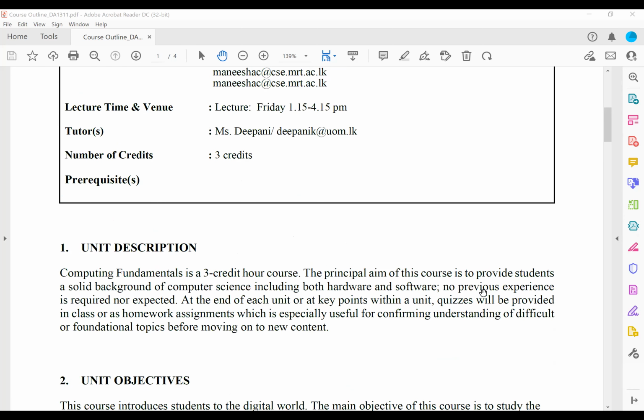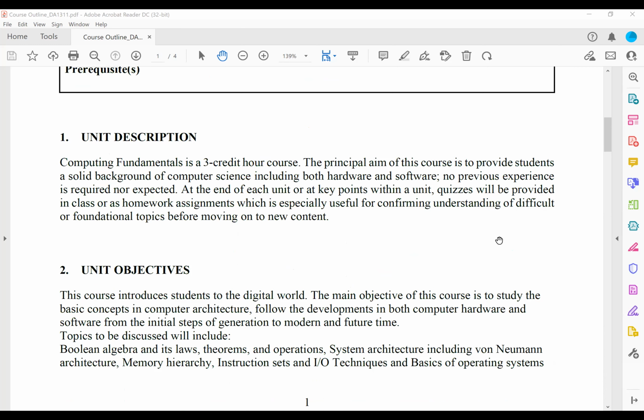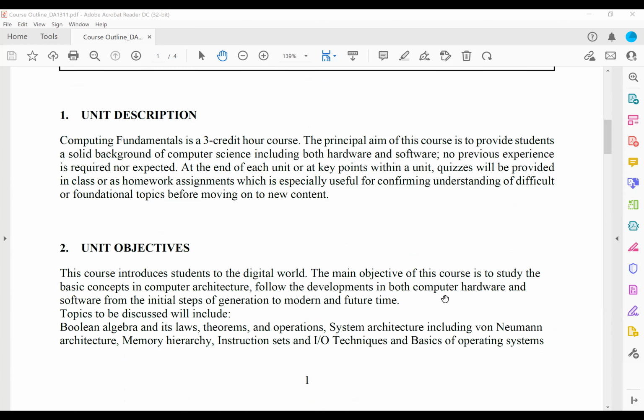I think you are okay with the syllabus. The main idea of this course is to get a basic idea about computer science and computer architecture, including both software and hardware. You do not need any previous knowledge regarding this. We will be starting from the beginning.